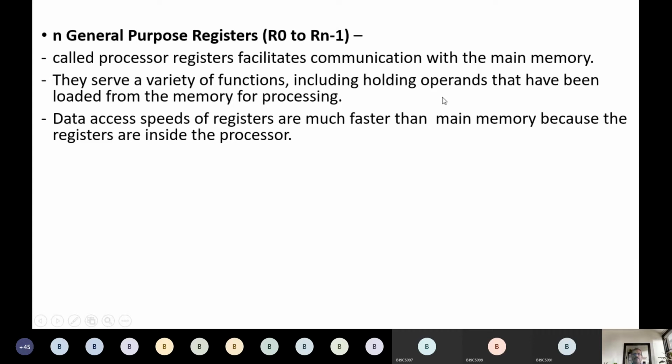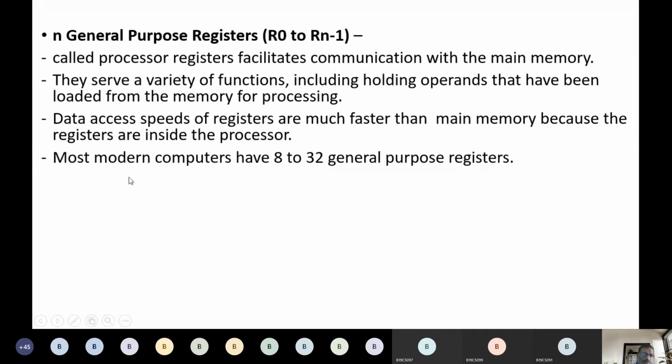A computer may consist of 8 to 32 general purpose registers. If there are 8 general purpose registers, they go from R0 to R7. If there are 32, they go from R0 to R31.